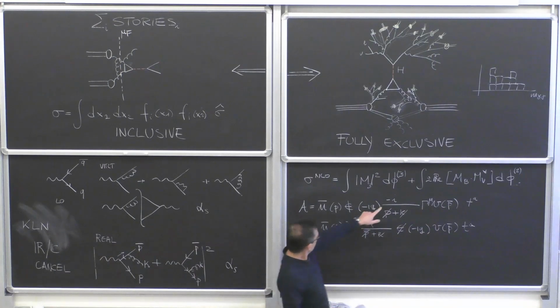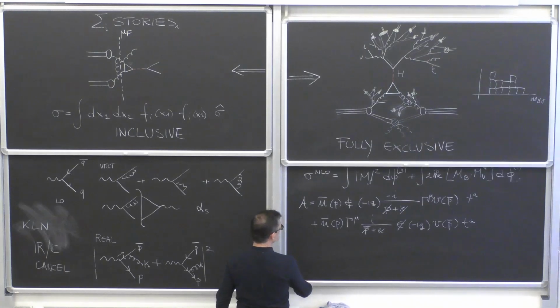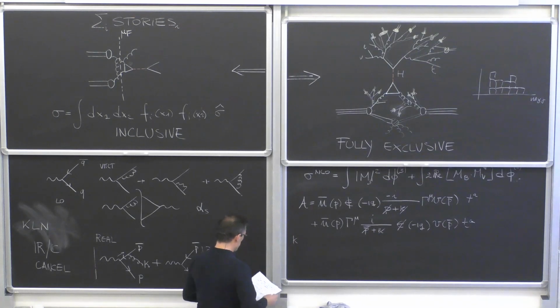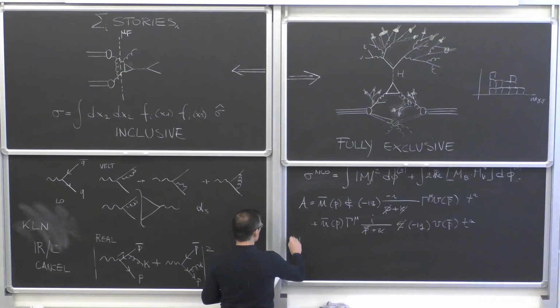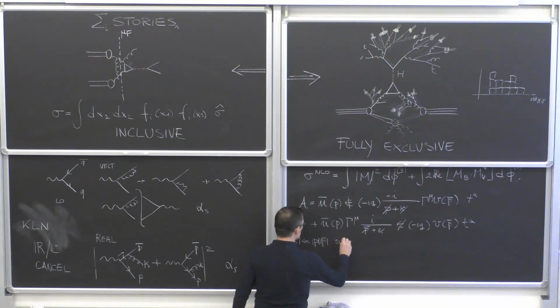Effectively there is a minus there. And then I do one approximation. I say that the modulus of kappa is much smaller than P or P bar. So I use this soft approximation.